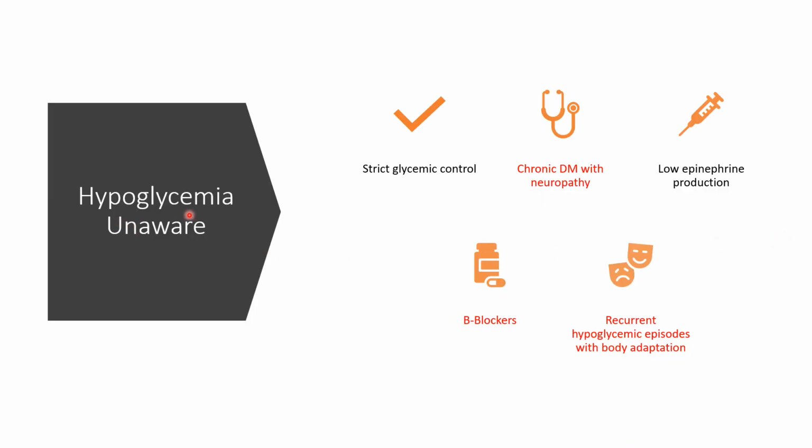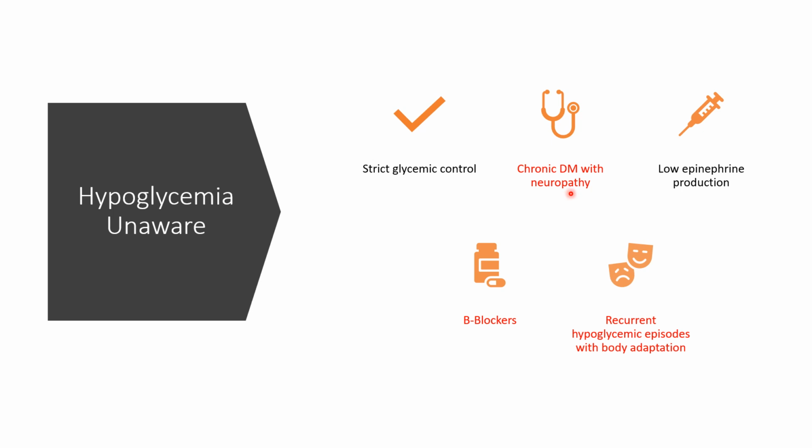Now, there's a condition known as hypoglycemia unaware. And you can ask me, how do you mean? Somebody is having hypoglycemia and he or she doesn't even know. How come? Maybe they have strict glycemic control. Or this is somebody that has been diagnosed with diabetes mellitus for a long time, and they now have chronic diabetes mellitus with neuropathy.